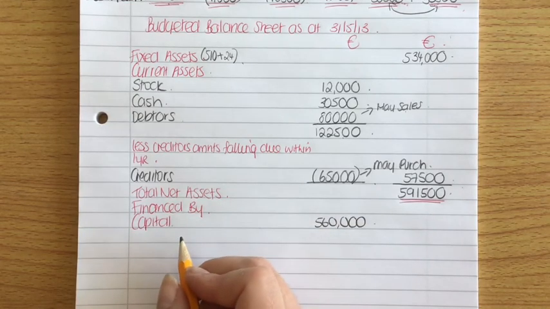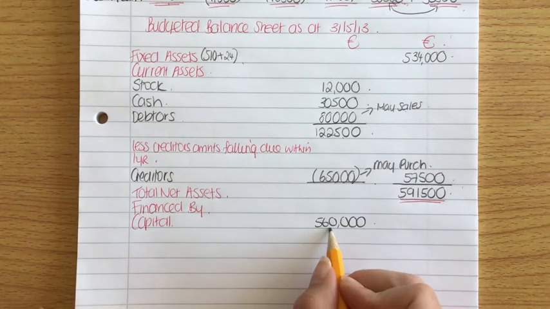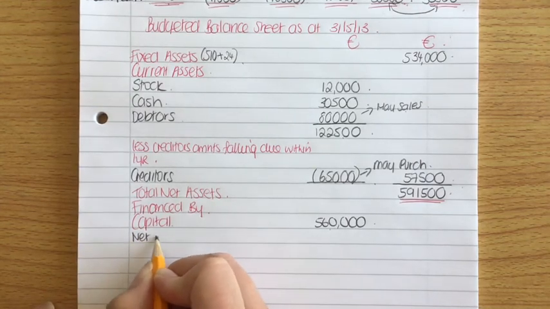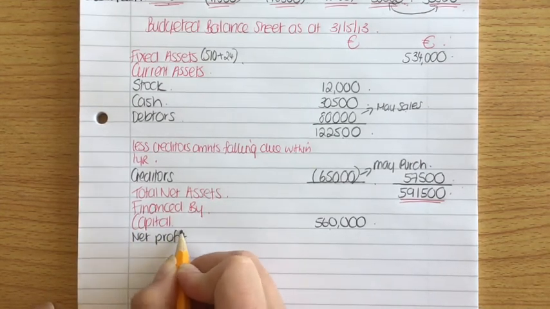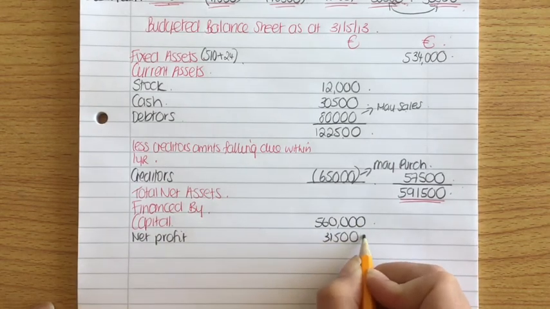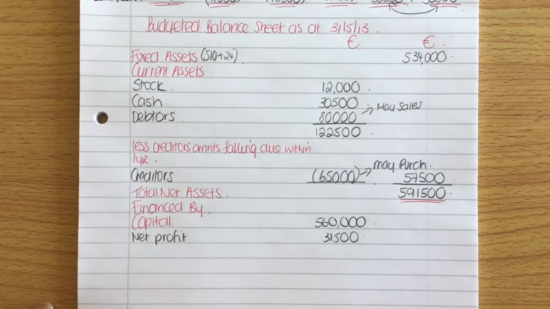So at the start of the year, that's coming from the list of assets and liabilities. We had capital of 560,000 euro. We also have net profit. We are budgeting to make a net profit of 31,500. That's coming from the additional information. The very last point G, net profit for 5 months is expected to be 31,500.